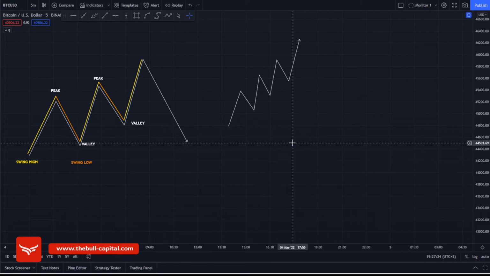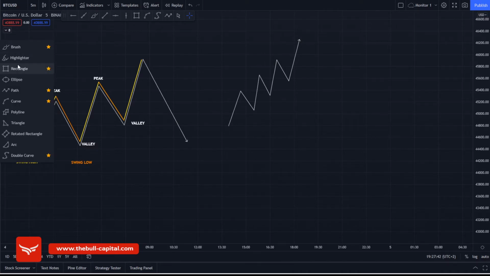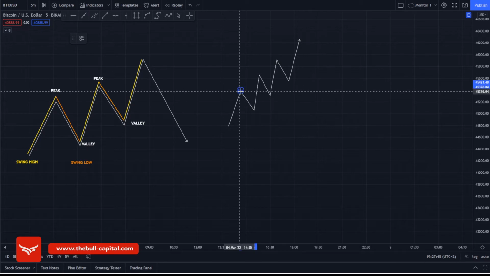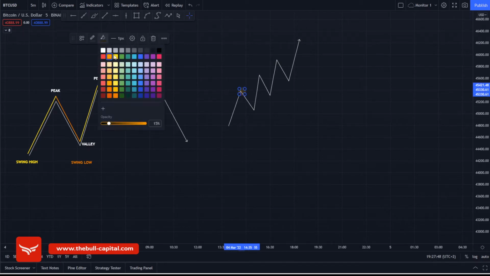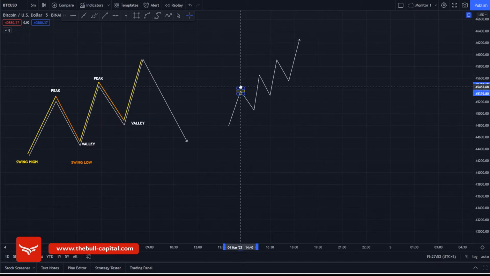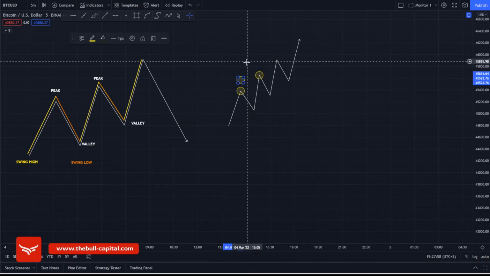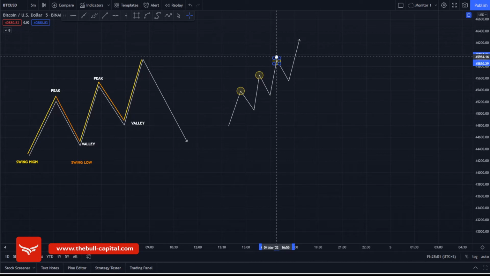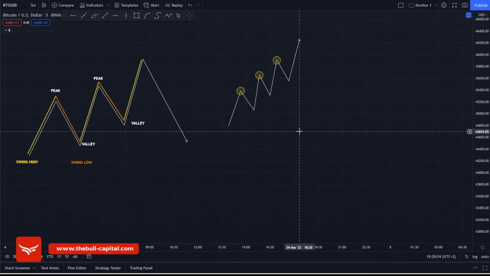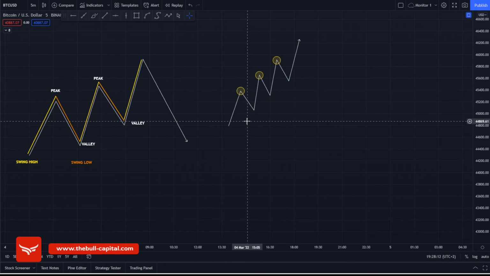So what that means, these are the peaks, let me mark them with yellow. We have here the first peak.